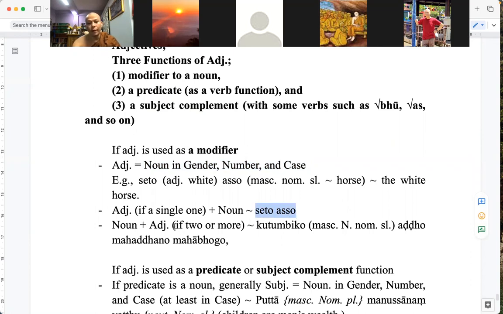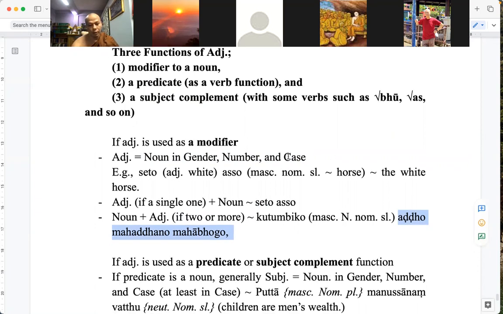But if there are two or more adjectives, the noun is first and the adjectives follow later: Ado, mahadano, mahabogo. In this way, that is related to the modifier function.